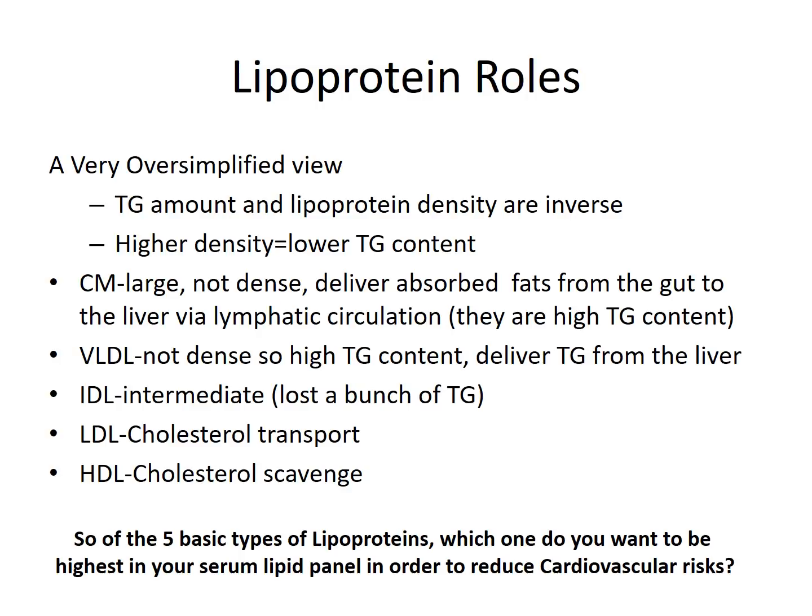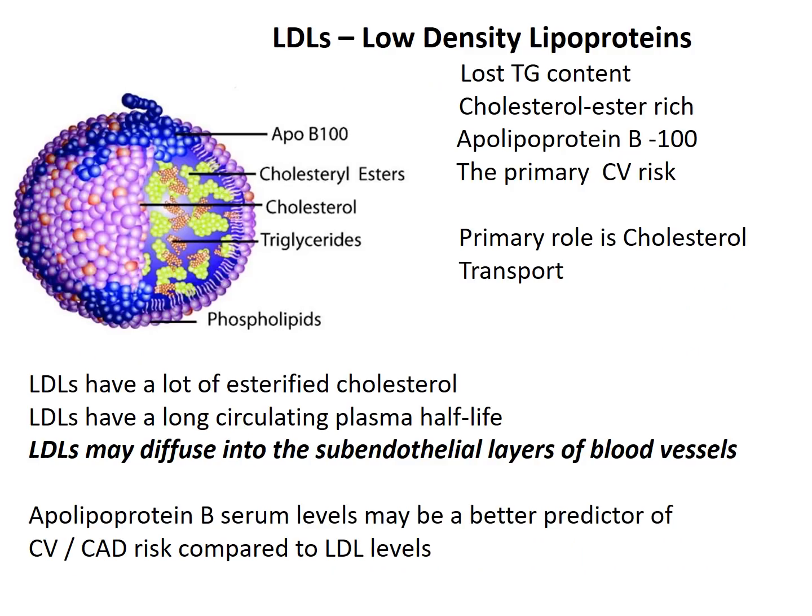So you look at these 5 basic types of lipoproteins. Which ones do you want highest in your panel to reduce your cardiovascular risk, and which ones actually induce cardiovascular risk? The simple answer is you want high HDLs and you want a lower amount of LDLs, right? So we'll look at those two.